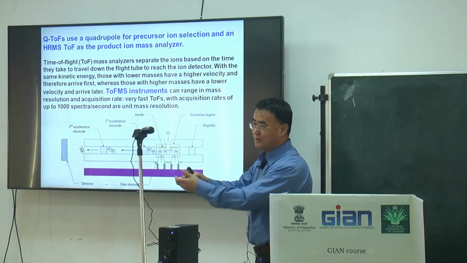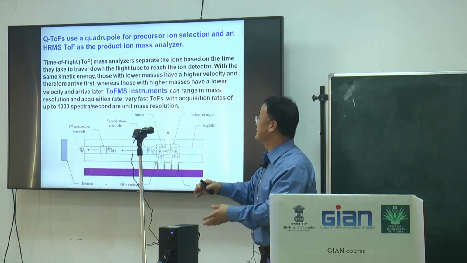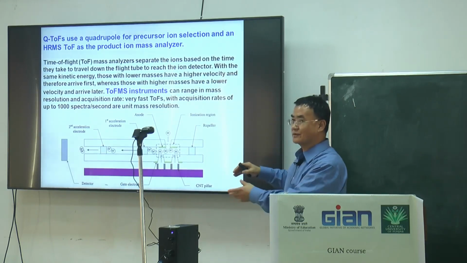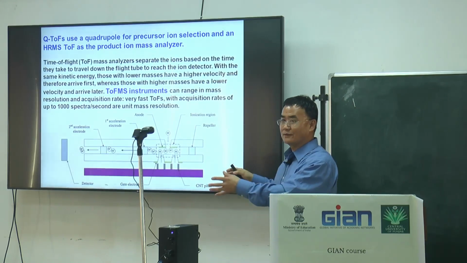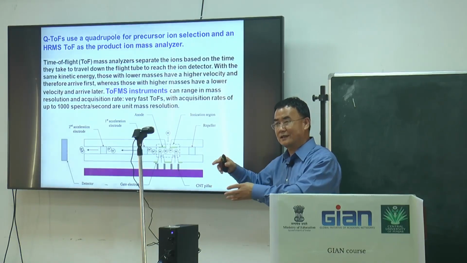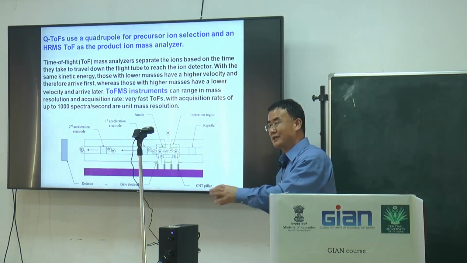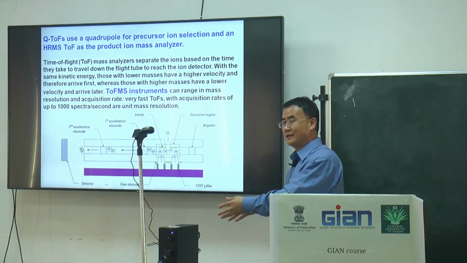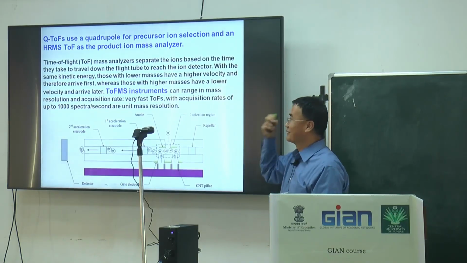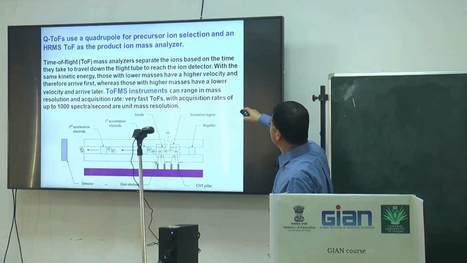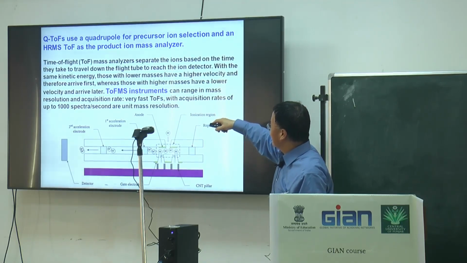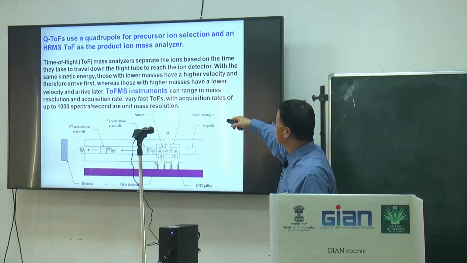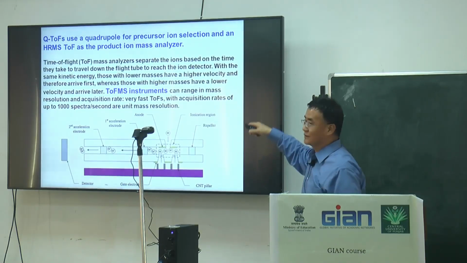After the UPLC or HPLC separation, we continue to separate those charged ions in the mass spectrometer. This is not a vacuum in the liquid interface, unlike gas chromatography, which uses vacuum, because for liquid there is some dirty stuff. It is based on the time ions take to travel down the flight tube to reach the ion detector.